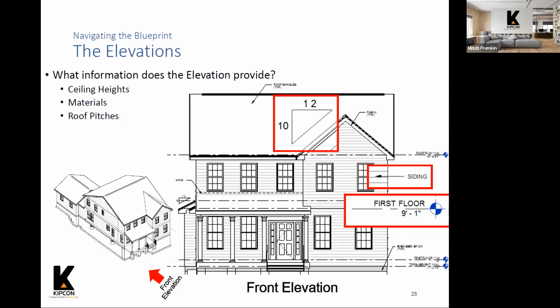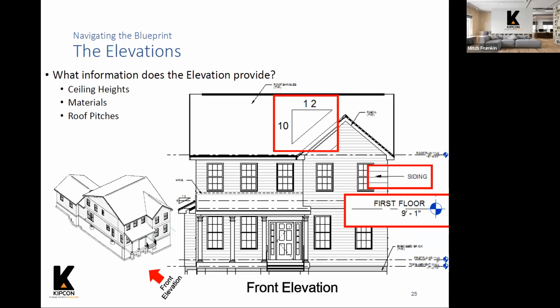So here's an example of the front elevation. You see our example of our isometric view on the left here. And if you're standing directly in front of the building and looking directly at this building, this is what the front elevation would look like. So the information that it provides, it's showing you that there is perhaps vinyl siding on this building.